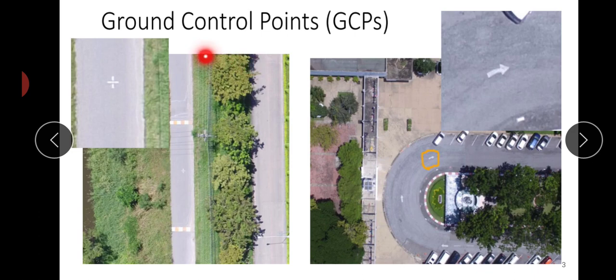And this is how the aerial photograph looks, and here this point is the ground control point which is enlarged here. Similarly, this is also an image of aerial photography, and this is used as your ground control point. Here is the enlarged picture, which is the ground control point.